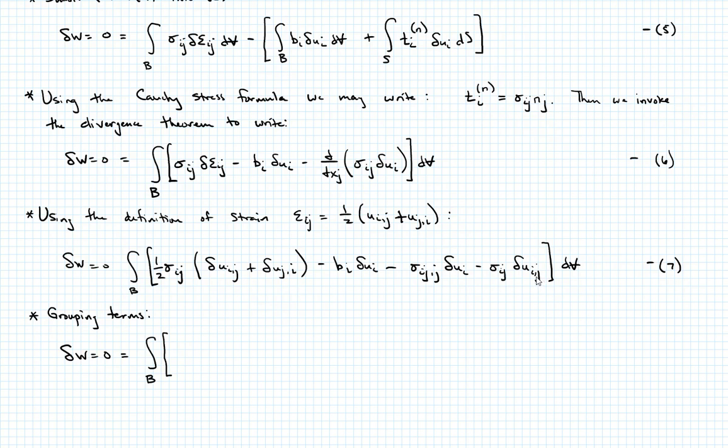So what that's going to give me is 1/2 sigma ij times delta uj comma i minus delta ui comma j. And what I'm going to do here is take these two terms that have a delta ui on them and write them as minus the quantity bi plus sigma ij comma j times delta ui.